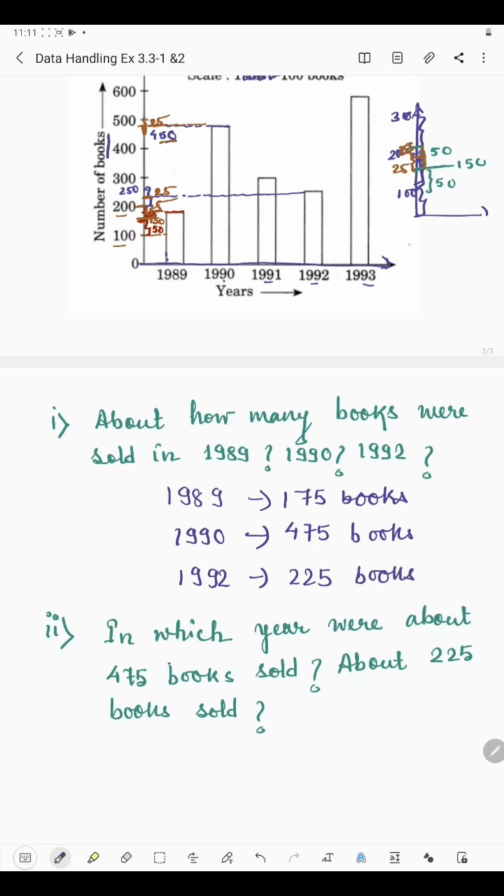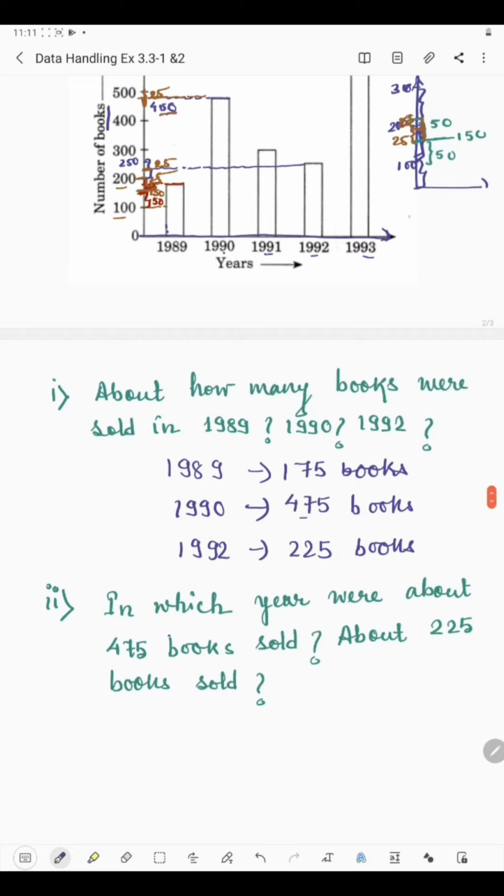Now question number 2 says, in which year were about 475 books sold? Here we can see that 475 books were sold in 1990. So we'll write in 1990, 475 books were sold. Now in the second part we had about 225 books sold.